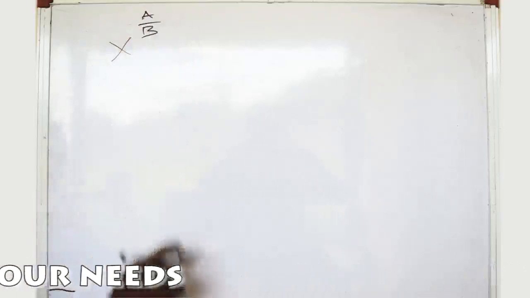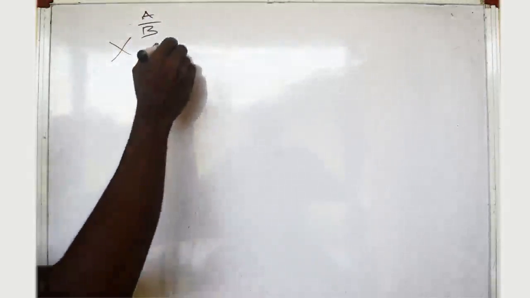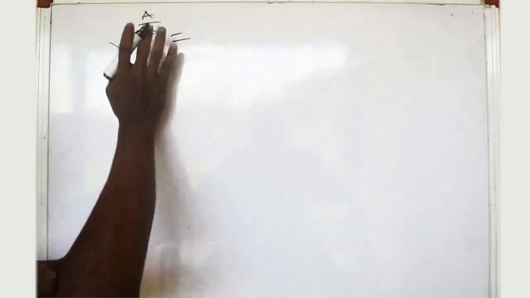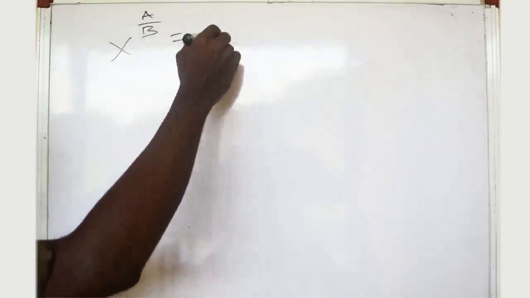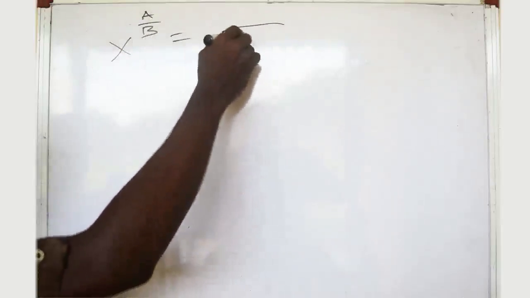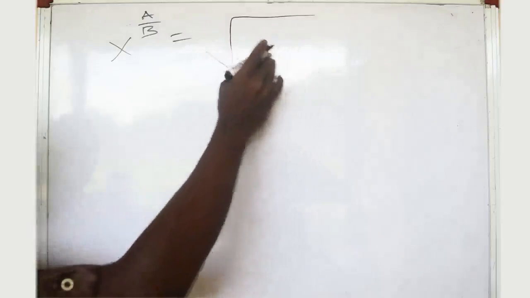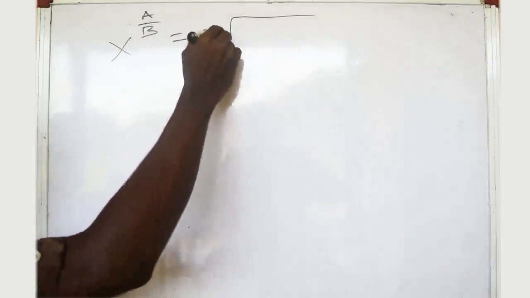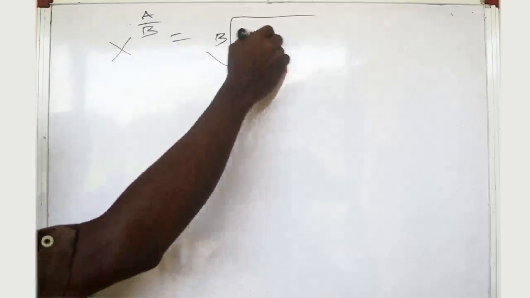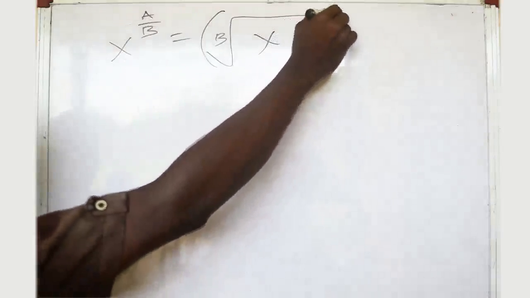So anytime we have this law of fraction, this b will be the b-th root of the base. You draw this root sign, you put b there, you put x inside, and a becomes the power.